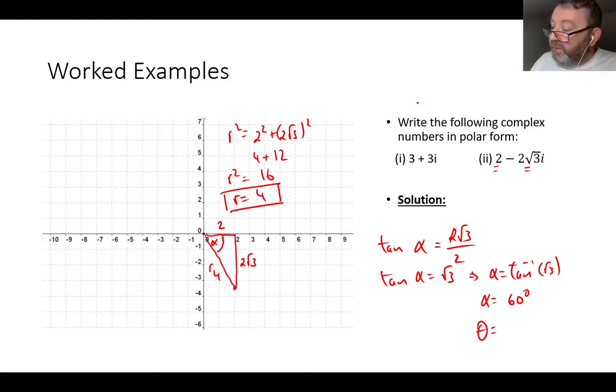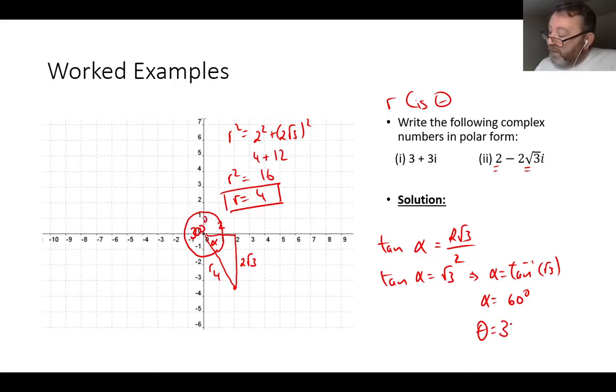Don't forget that polar form is r cis theta. R and theta, they're the two things. How do we work out theta? Well, alpha is 60, and it's 60 degrees short of 360, which means that the angle going from there all the way around to here is actually 300 degrees.